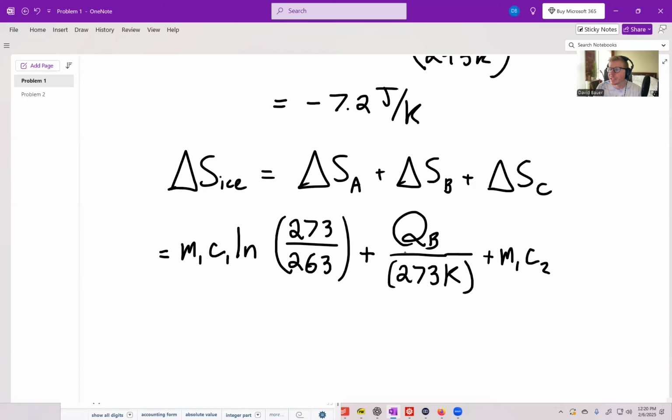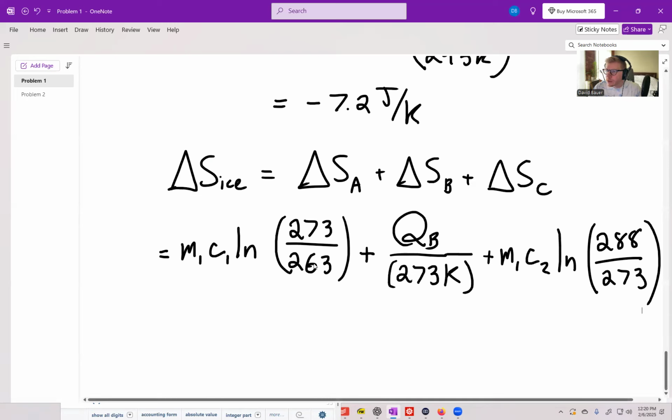And this is going to take place while the ice is liquid water, so again, I need to use the specific heat of liquid water. And I know everything here, so I'm just plugging in.